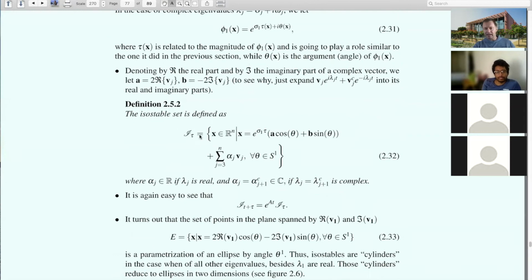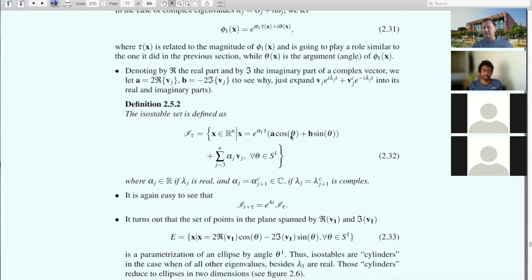And so now the isostables are going to be defined by all points x in Rn, such that they have a fixed tau here, and then they're represented by this object here that we are going to see in a second. You might recognize this already, but this represents an ellipse.